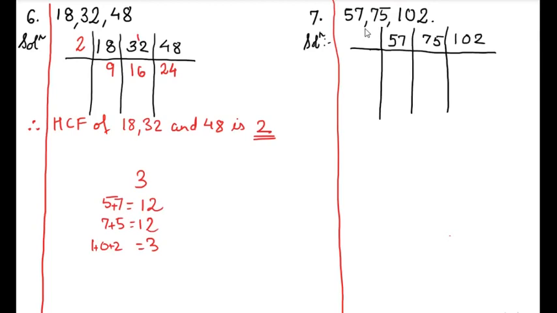Now is 5 divisible by 3? No, 5 is not divisible by 3. But a smaller number than 5? Yes, that is 3. So we will write here 3 ones are 3. So from this 5 we are only considering 3. 5 minus 3, 2.